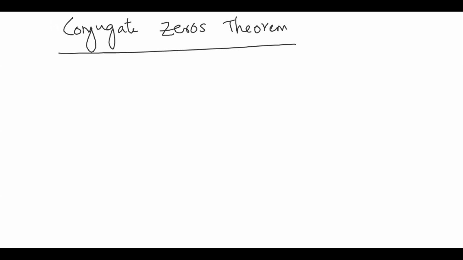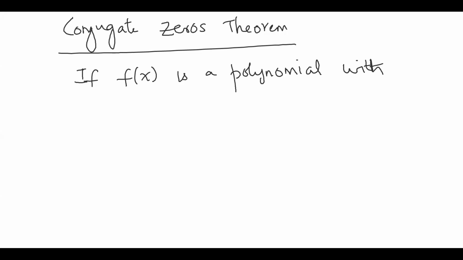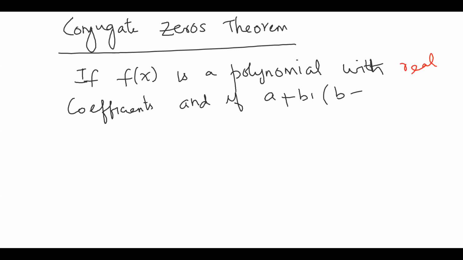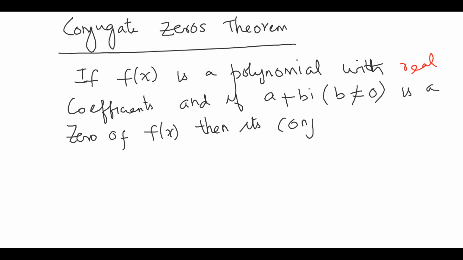So if f of x is a polynomial with real coefficients, and if a plus bi, where b is not equal to 0, is a 0 of f of x, then its conjugate a minus bi is also a 0.